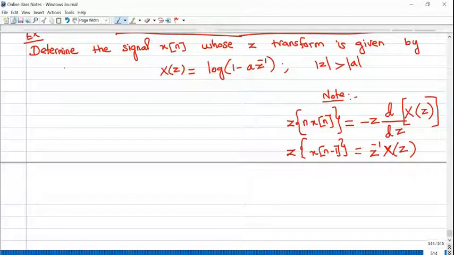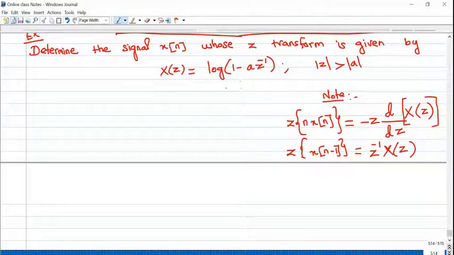Okay. Next one. Determine the signal x of n whose Z transform is given by x of z equal to log of 1 minus a z power minus 1. This is a standard problem. Many times this question is repeated in the semester exams. This is also an inverse Z transform; we have to find x of n from x of z.